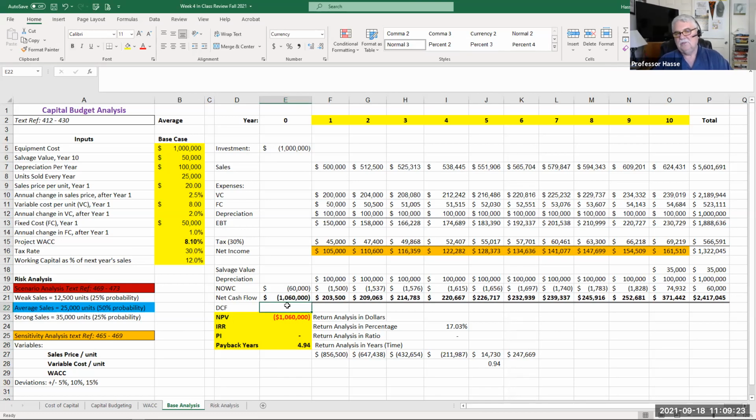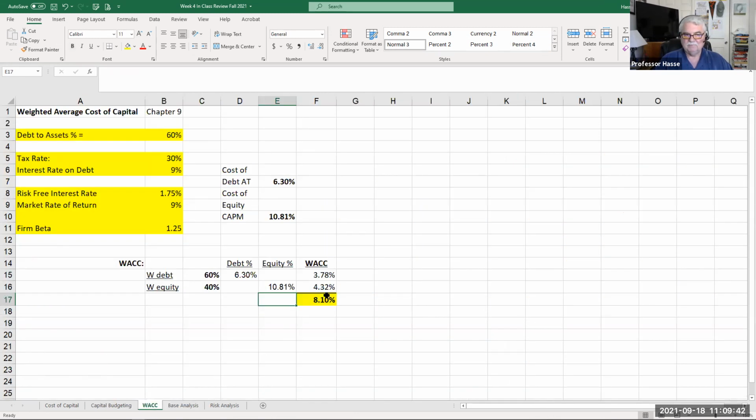First of all, to determine a net present value, we have to determine the discounted cash flow of year 1 through year 10 of what this $2.4 million is equal to today. And that's why we determined our cost of capital. That's our discount rate, 8.1%.